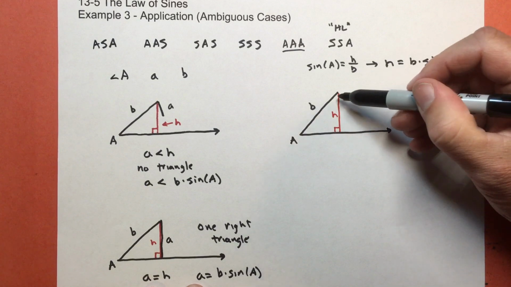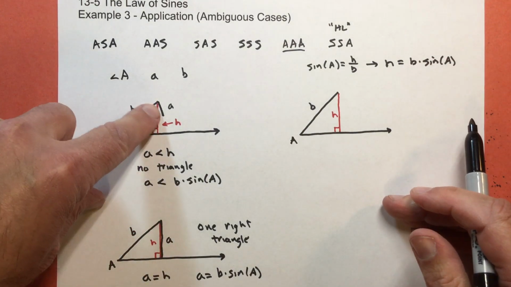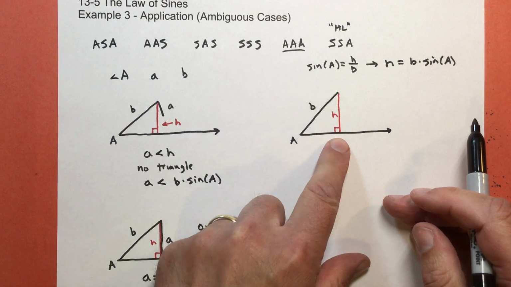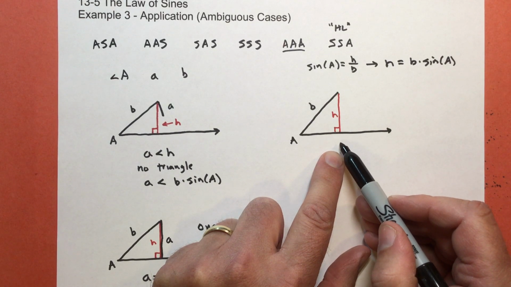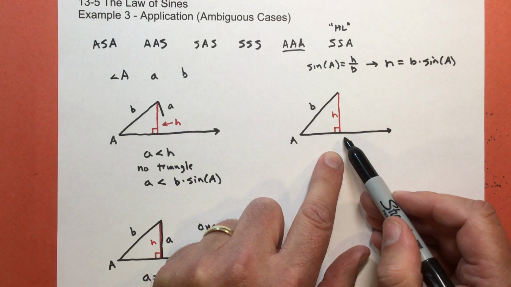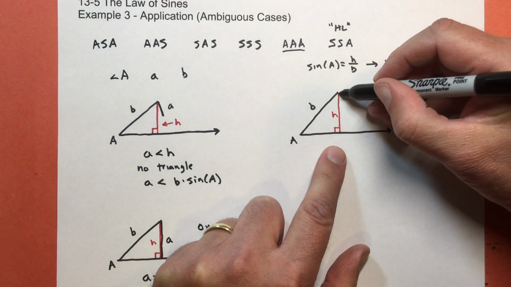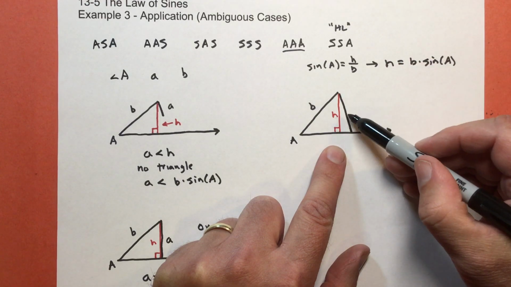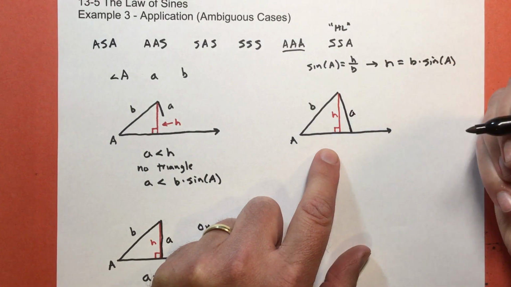I had A perfectly the same as H, but now it's going to go beyond H. Well, it's going to end up down here someplace. That's not on this side. So I have to swing it over here to connect. This side is bigger than H, so that would be side A.